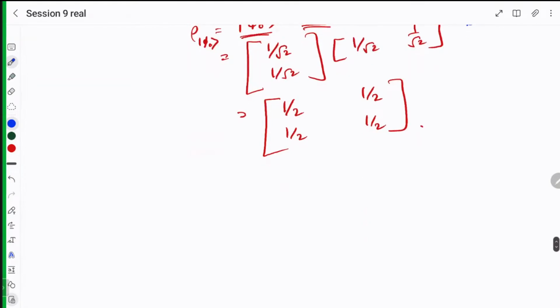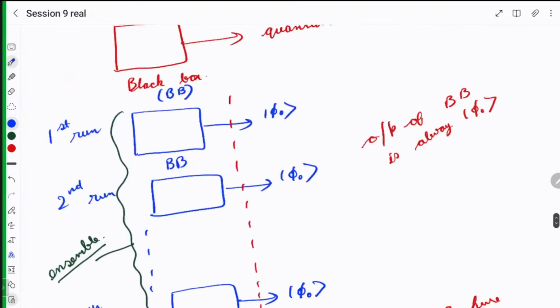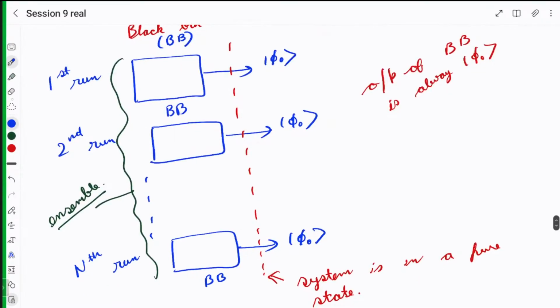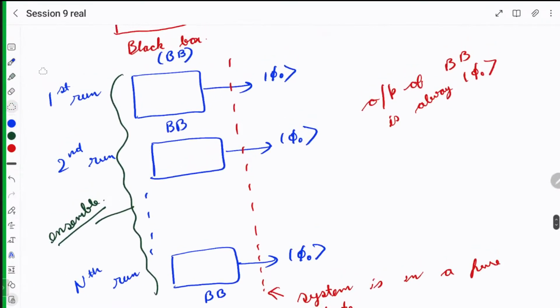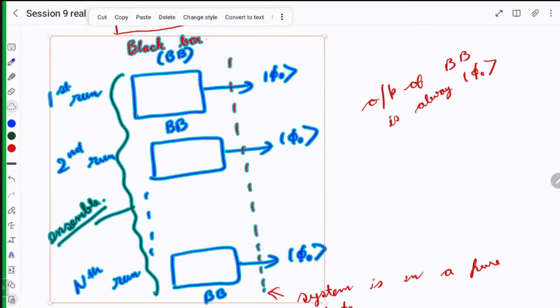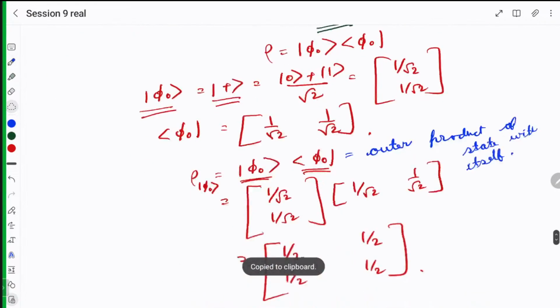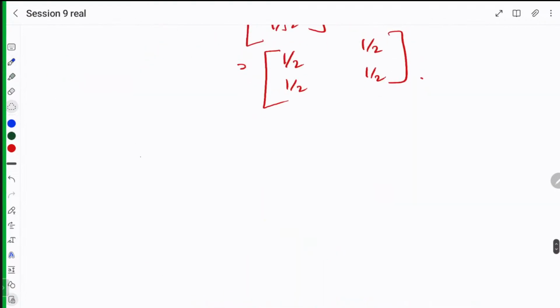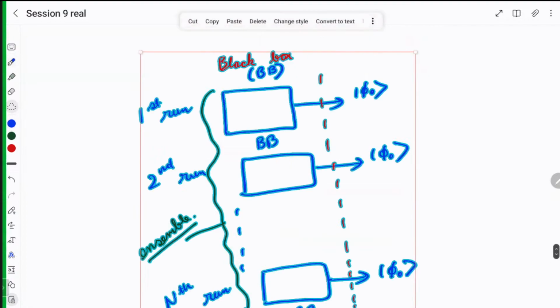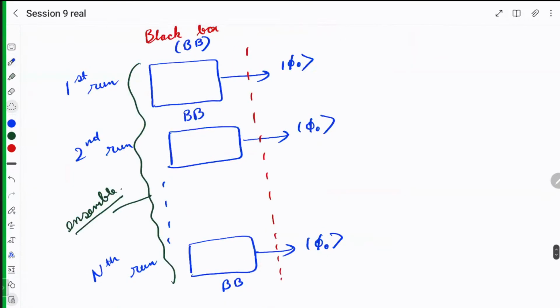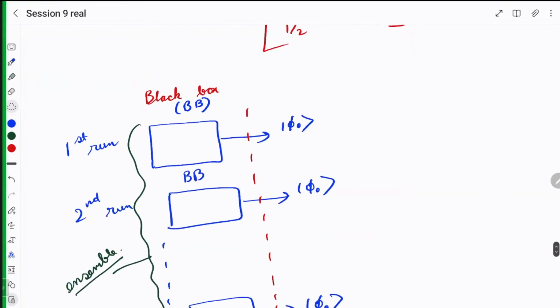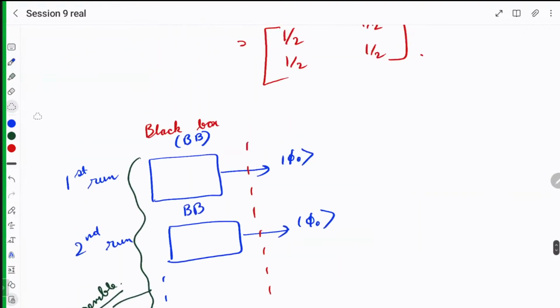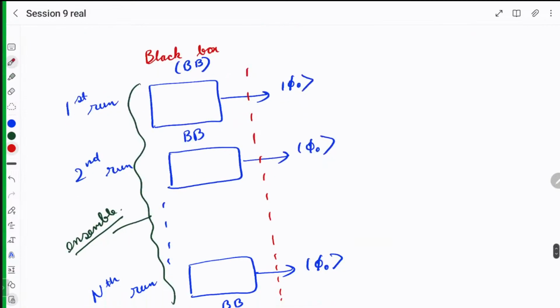Now, let's take a different ensemble. Again, I have a different black box now, and let's try to see what that outputs. Let's say I am running the black box again and again as before, but now sometimes I am getting phi naught, sometimes I am getting phi 1.